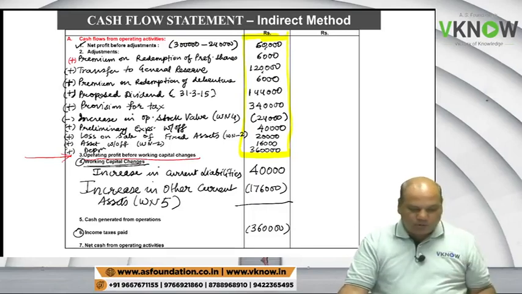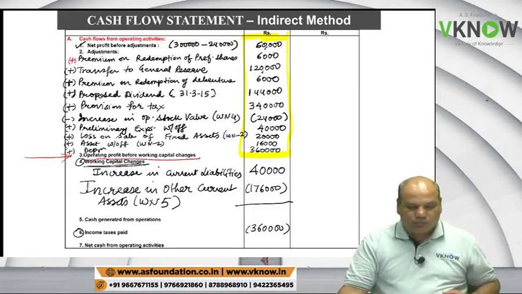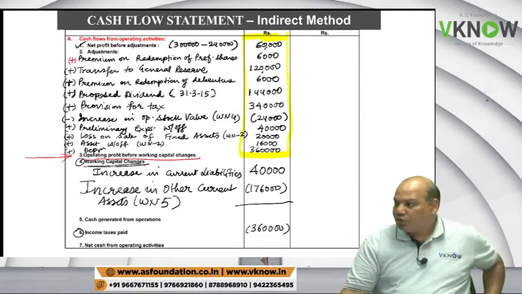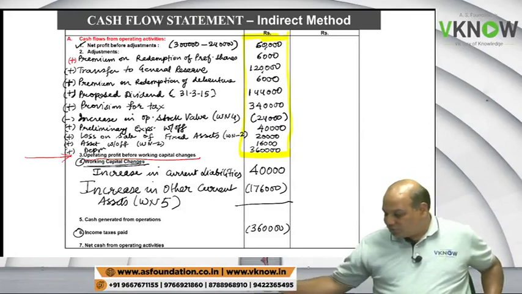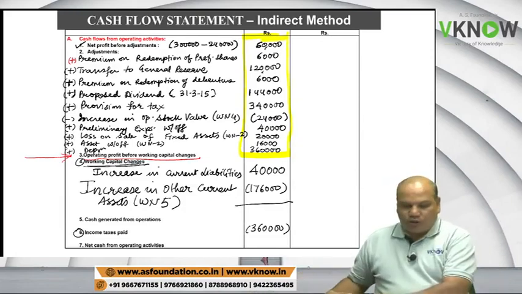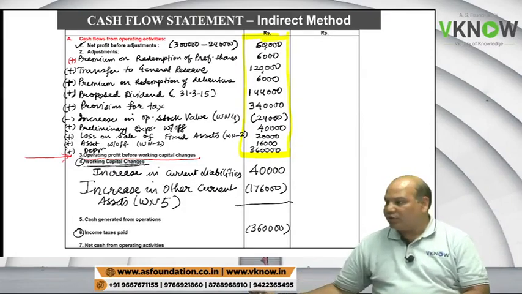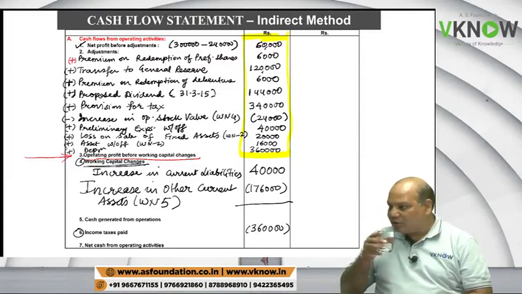So please take your calculator and reply operating profit before working capital changes. Let us see who will give the total first. On the screen, all figures are appearing. Come on.